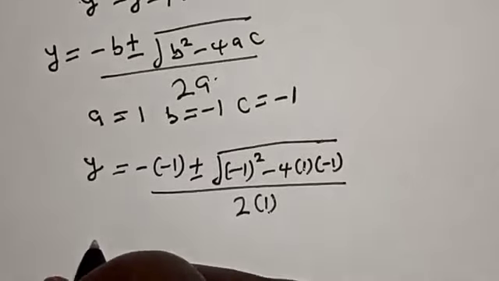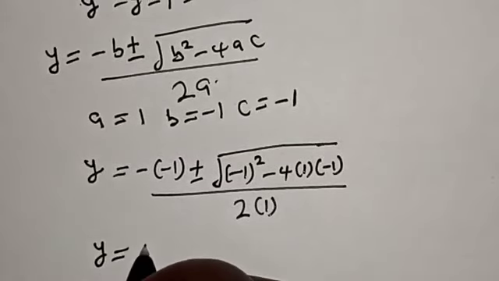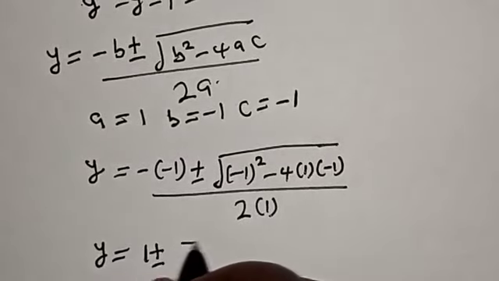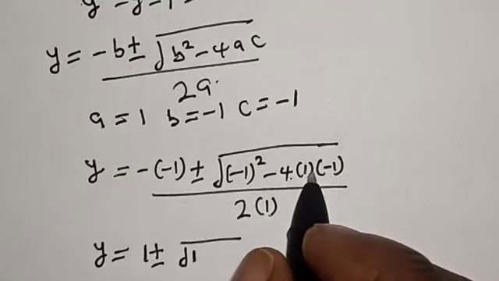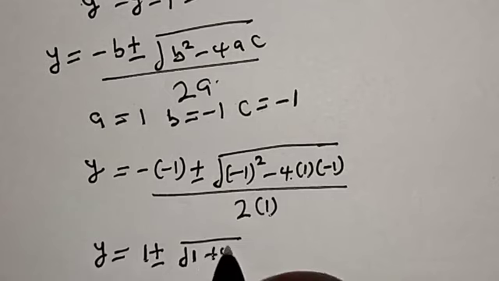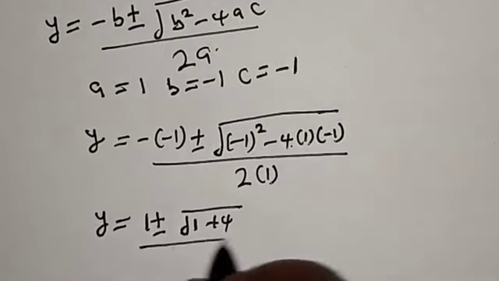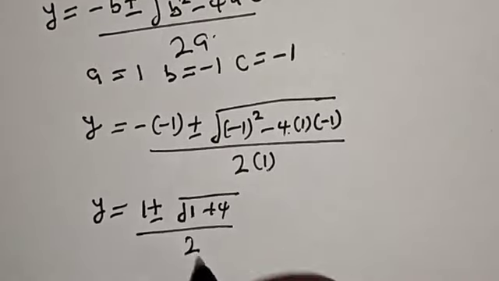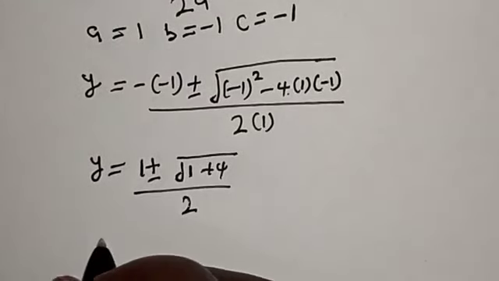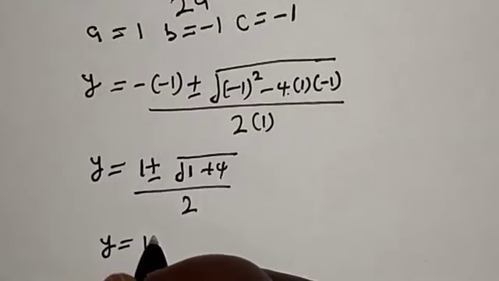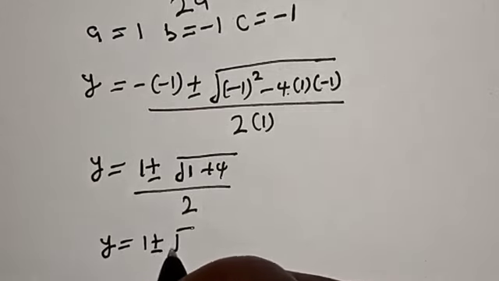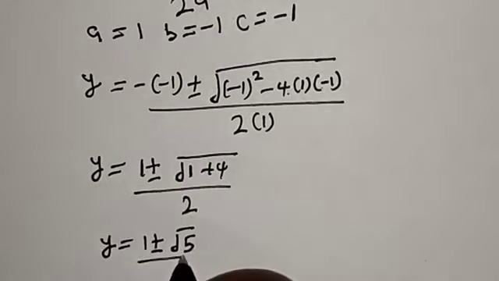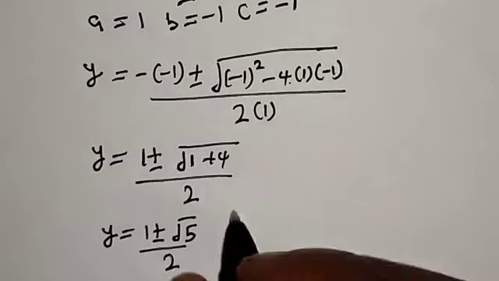Now y is equal to 1 plus or minus square root of 1 minus 4 times 1 times minus 1, that is plus 4, divided by 2. Then y is equal to 1 plus or minus square root of 5 over 2.